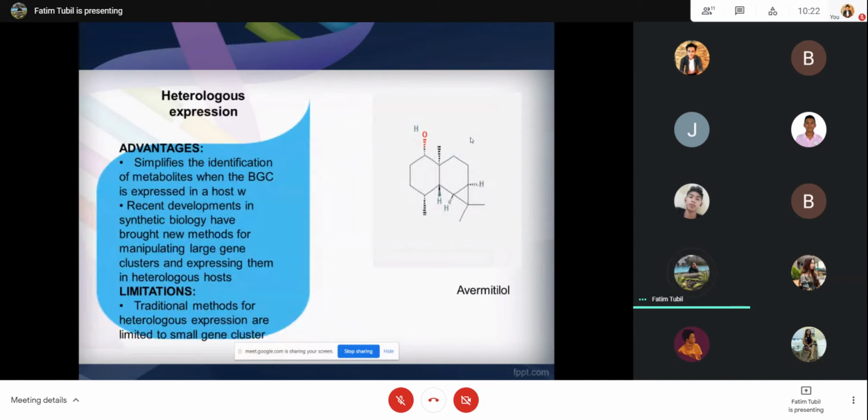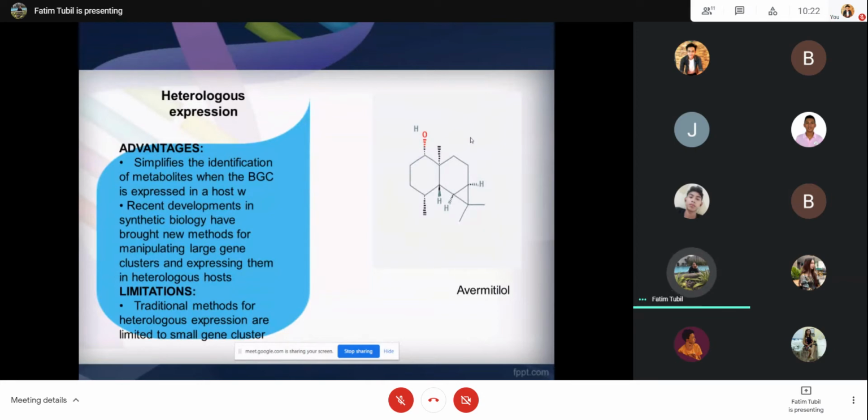Lastly, heterologous expression. The advantage is that it simplifies the identification of metabolites. The limitation is that traditional methods for heterologous expression are limited to small gene clusters.